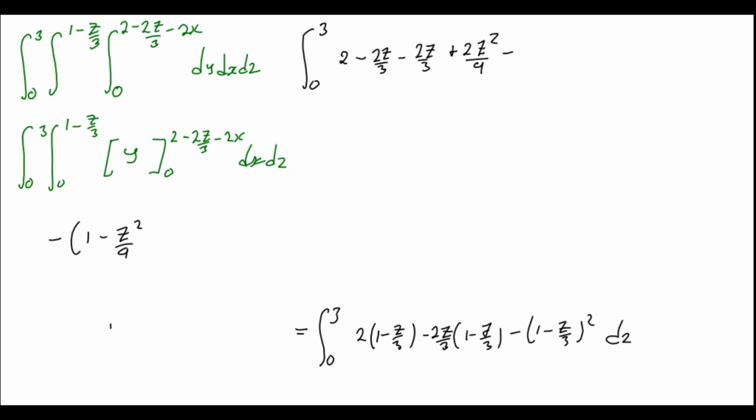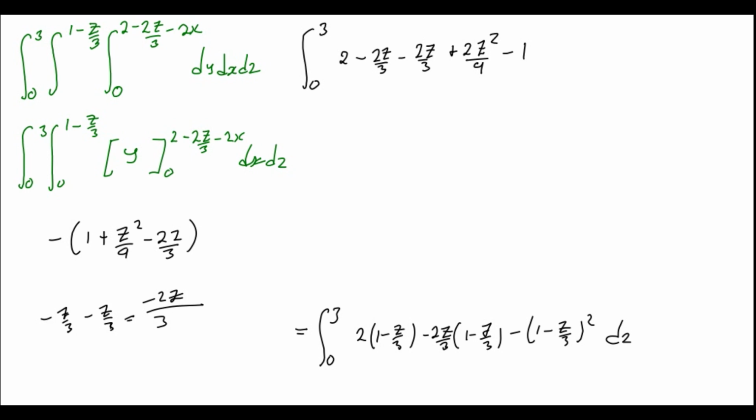Then the other one, that is going to be minus 2z over 3, if I'm not mistaken, because it's like minus z over 3 minus z over 3, you get minus 2z over 3. Yeah, that's that. So if you distribute the negative, this is going to be 1, and actually this is going to be a plus, I think.